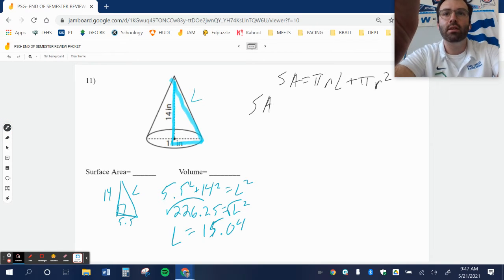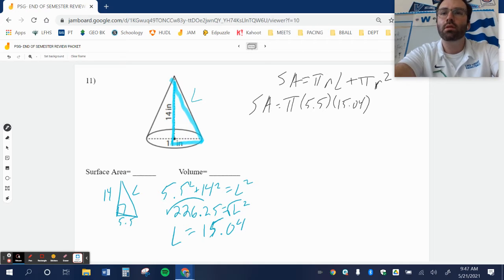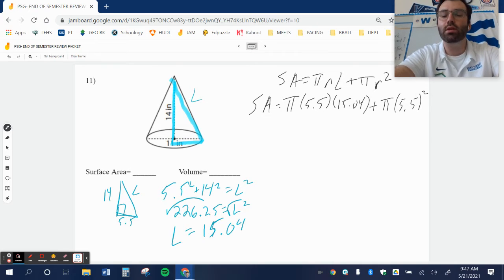SA equals pi times R, which is 5.5, times L, which is 15.04, plus pi times 5.5 squared.